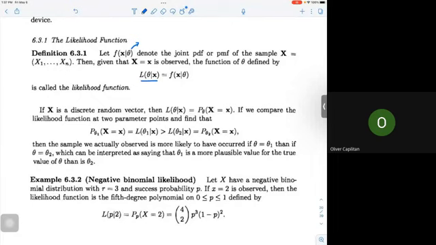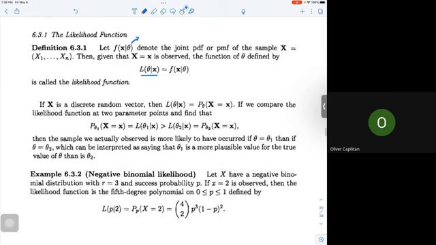So if we compare the likelihood function at two parameter points, say theta sub 1 and theta sub 2, the probability that our sample is equal to this observed sample small x given theta sub 1, by definition is equal to the likelihood function of theta sub 1 given x, and we assume it to be greater than the likelihood function of theta sub 2 given x, which is equal to the probability that the sample is equal to the observed sample x given theta sub 2, since we know that x is a discrete random vector.